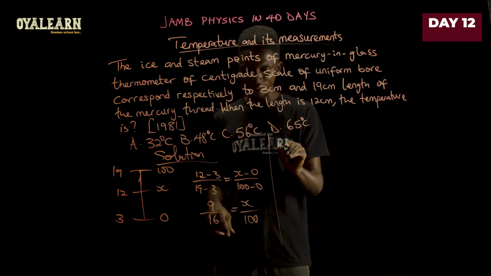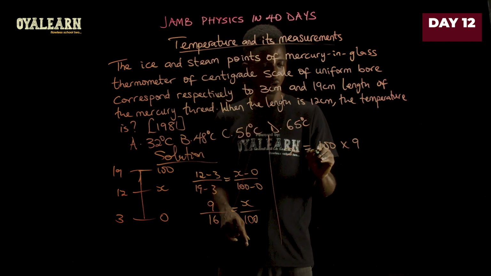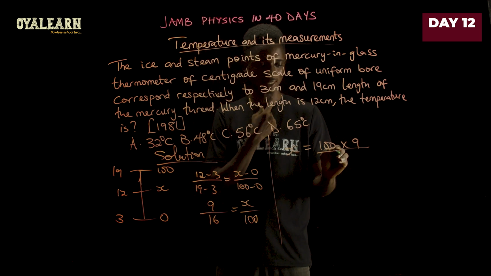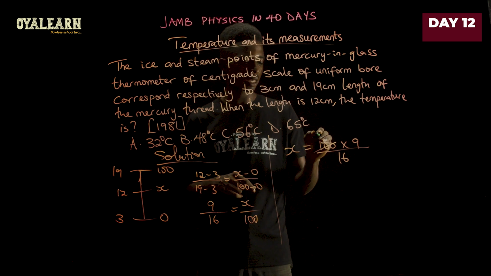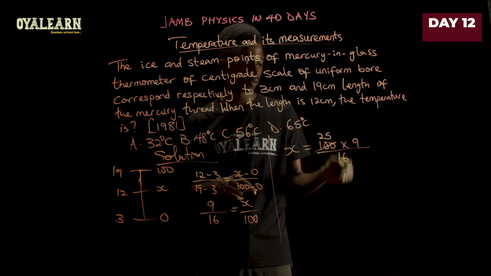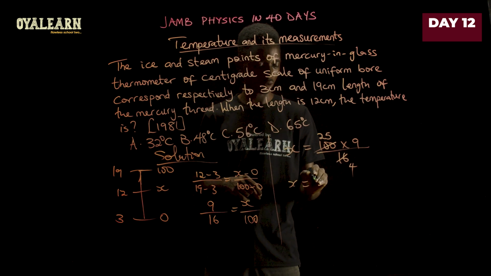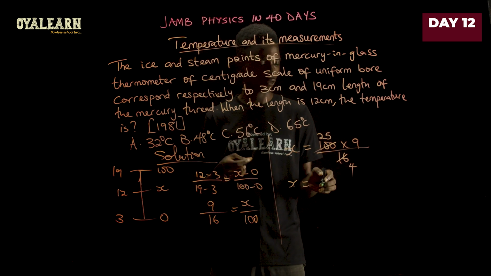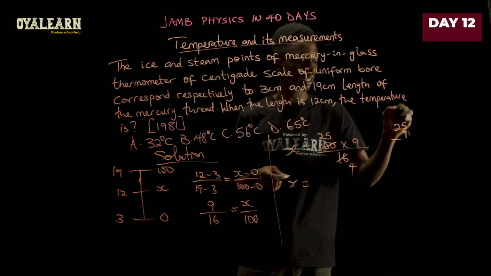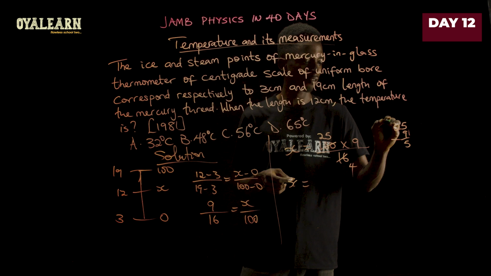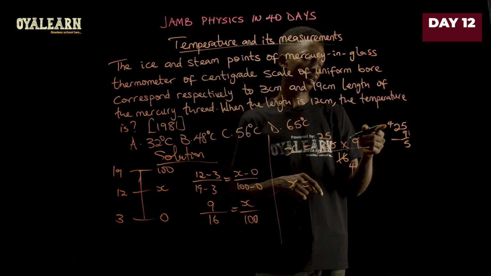So let's find the value of x. x therefore becomes 100 multiplied by 9, all divided by 16. Let's see what goes here. 4 goes into 100 25 times, and 4 into 16 4 times. So what we have left is x equals 25 times 9 divided by 4. Now 25 times 9: 9 times 5 is 45, 5 carry the 4. 9 times 2 is 18, 18 plus 4 is 22.